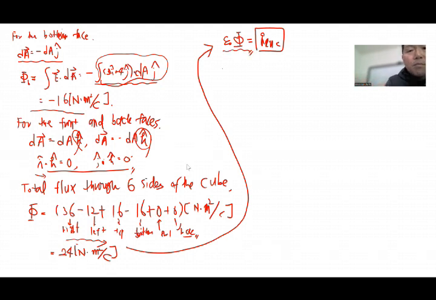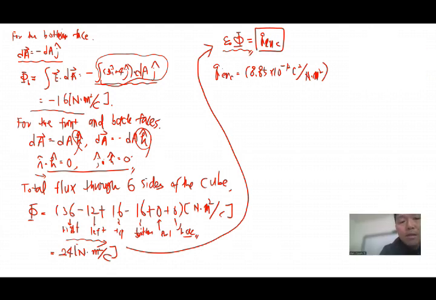So you multiply by epsilon, 8.85 times 10 to the minus 12 coulomb squared per newton per meter squared, and the total flux is 24 newton meter squared per coulomb. From that, the net charge inside this Gaussian cube should be 2.1 times 10 to the minus 10 coulomb.